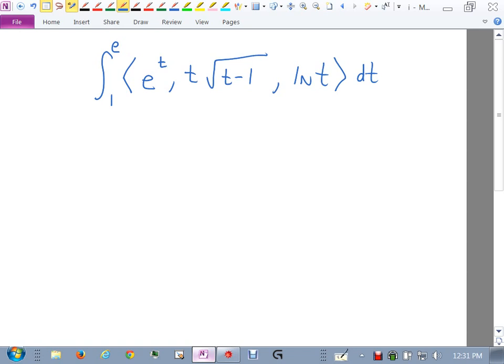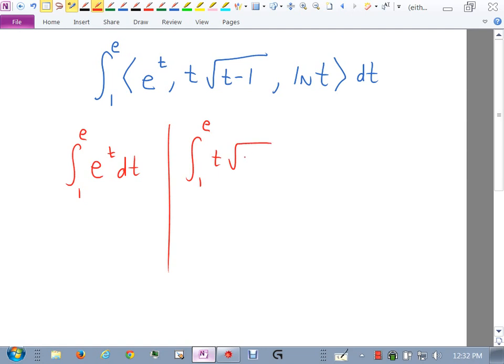You just do the integral of each one. So you can do them separately if you want. Integral 1 to e of e to the t dt. Then another one, integral 1 to e of t square root t minus 1 dt. Then the next one, integral 1 to e of natural log t dt.